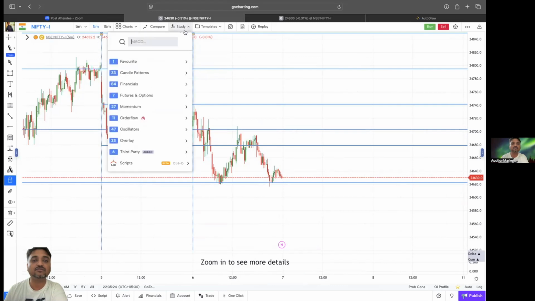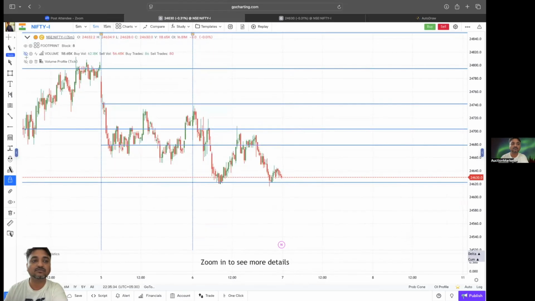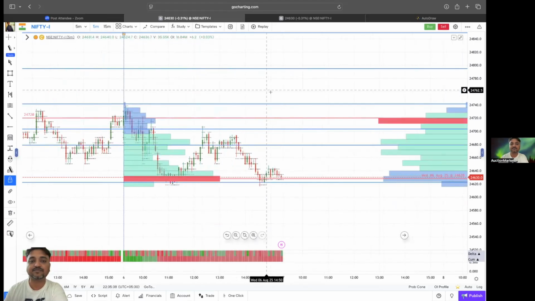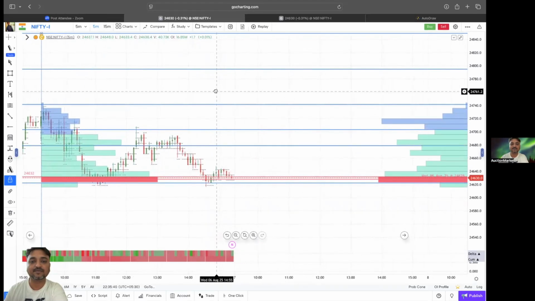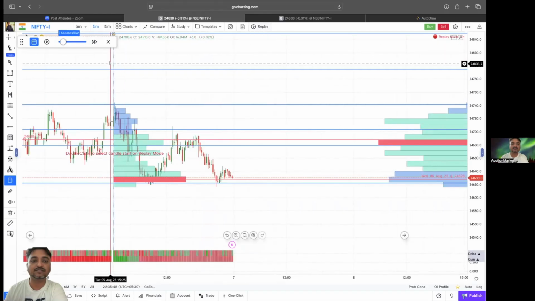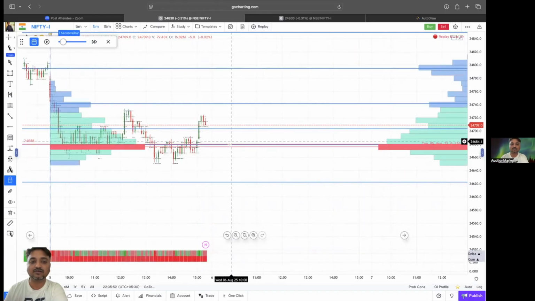You have to go to order flow and click on this volume profile. Once you click on this, you get a picture something like this. This is the most traded volume area. I'll use the bar replay service for better visibility.